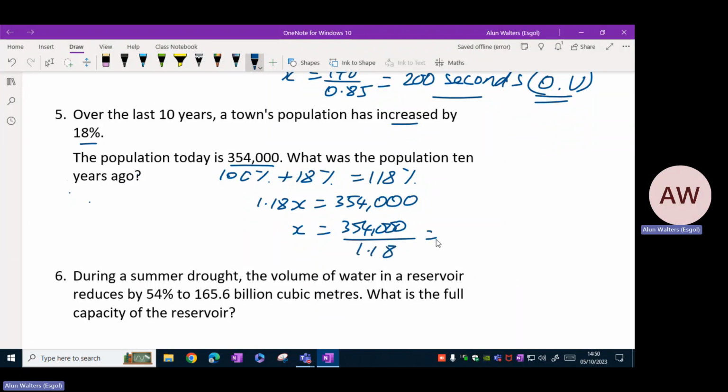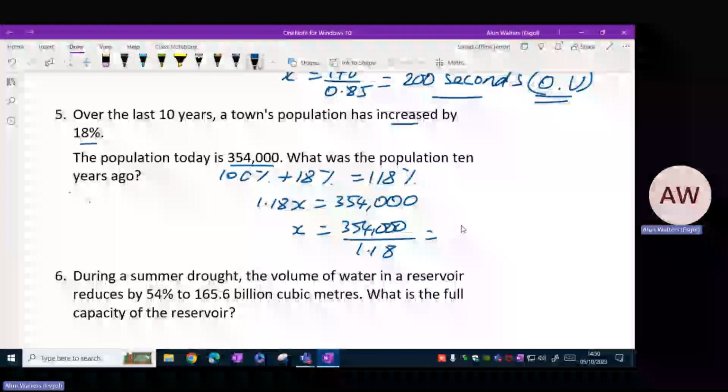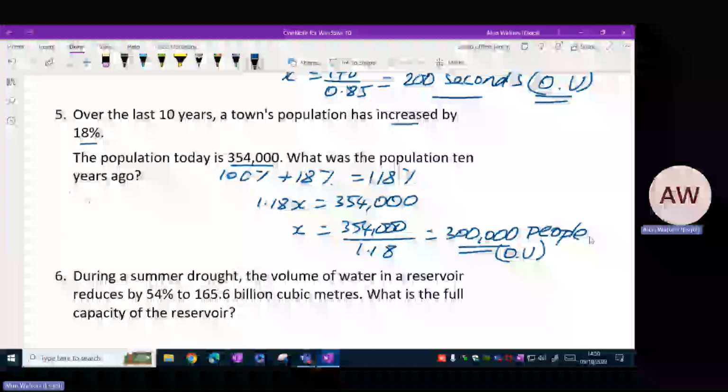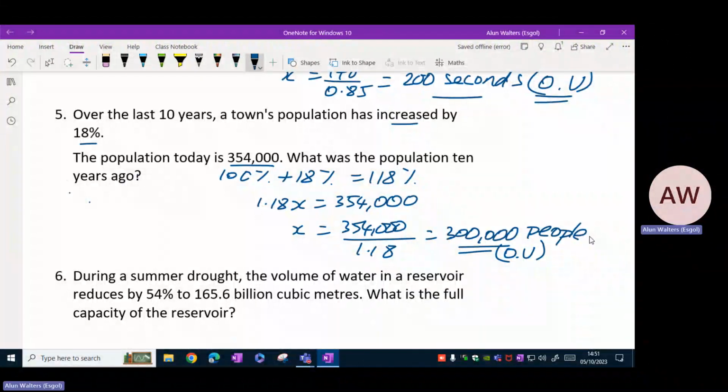Okay, and that gives us 300,000 people. Just to check it makes sense, as you always should, you started with 300,000 people and the population went up to 354,000. So it agrees with the wording here that the population is increased.